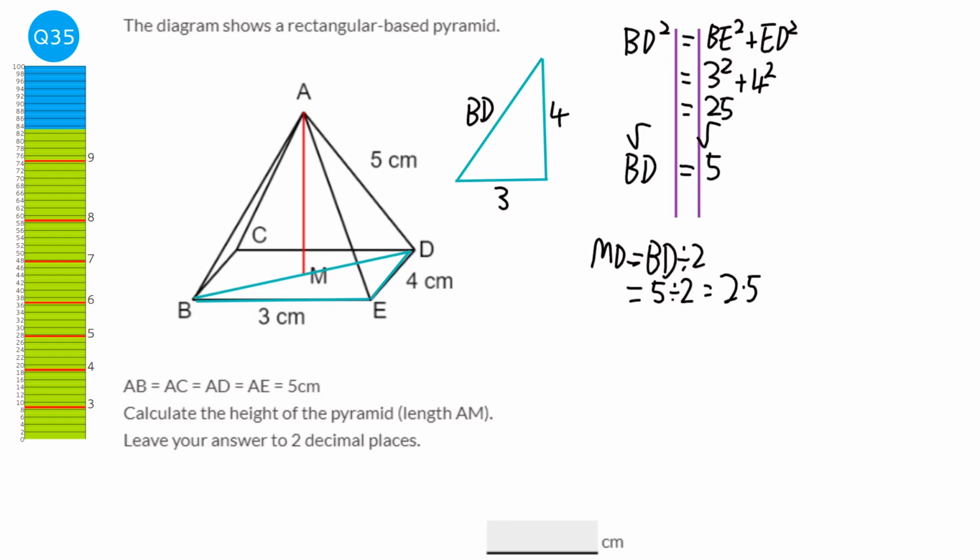The reason for that is that all of the lengths AB, AC, AD, AE are the same, so point A will be exactly above the midpoint of the square, and M is at the midpoint. Next we're going to draw in another right angle triangle. It doesn't matter which side we take. I'm just going to take this side because we've worked out what MD is.